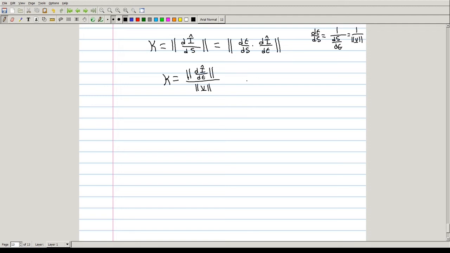Or to express this in a slightly different way, we have that the magnitude of dt hat/dt is equal to the curvature k. Remember, this is a function of the parameter t in this case now, times the magnitude of the velocity vector, which is also a function of t.